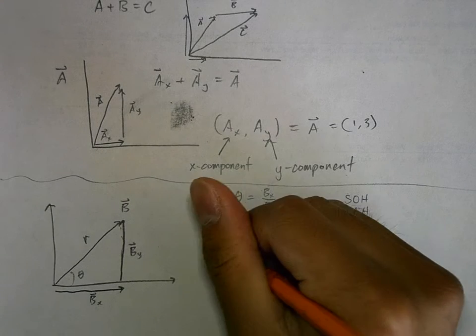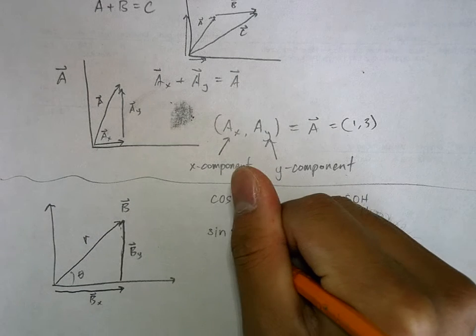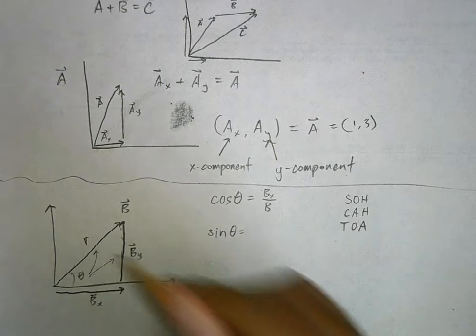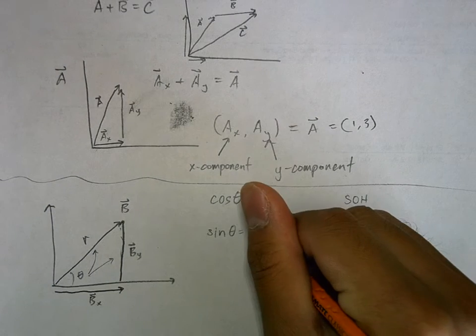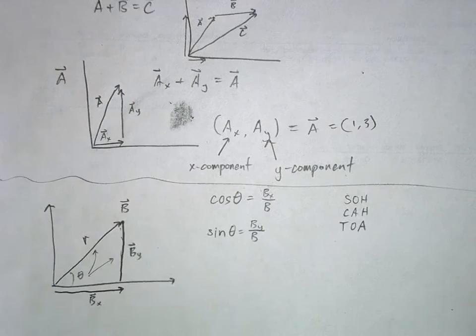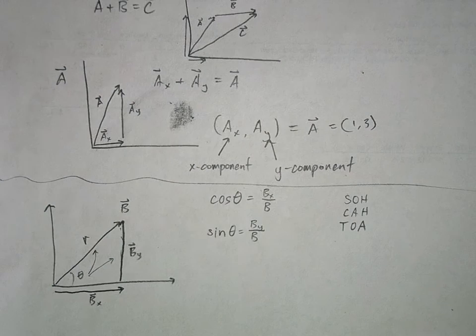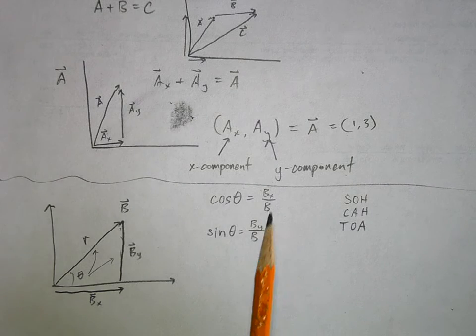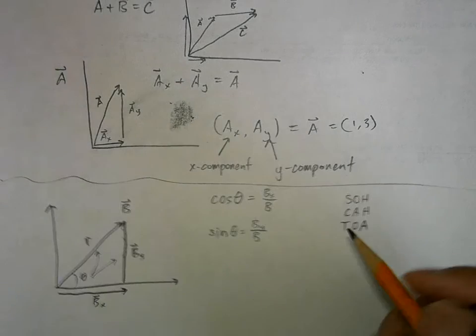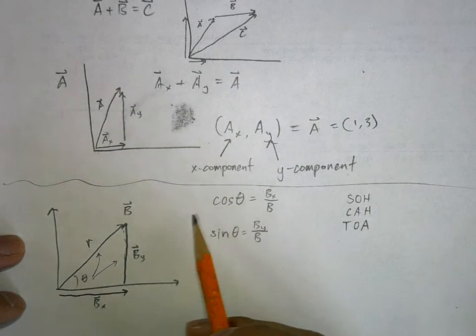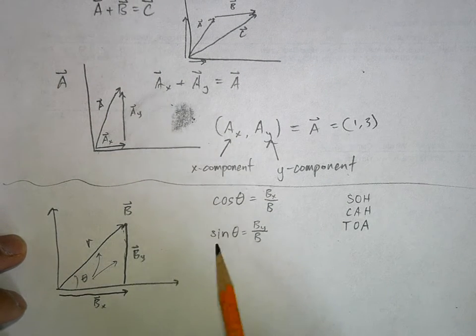For sine, it's going to be the opposite over the hypotenuse. So we have b sub y over b. Okay? And now remember, our whole goal here was to find what our components were. And so all we have to do is multiply both sides of this equation by b.